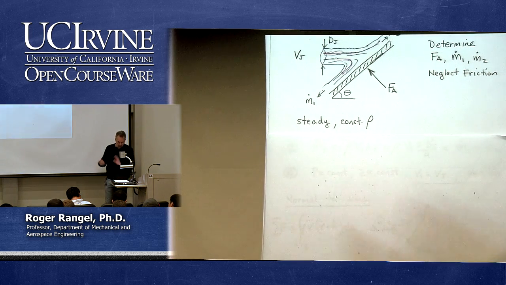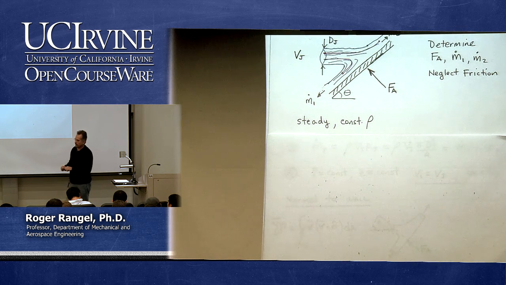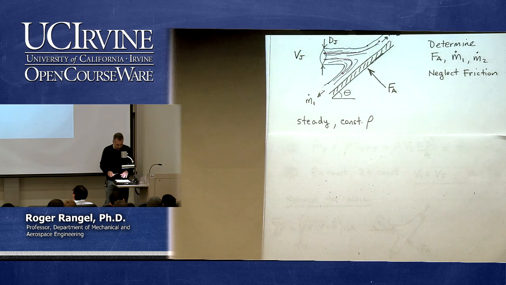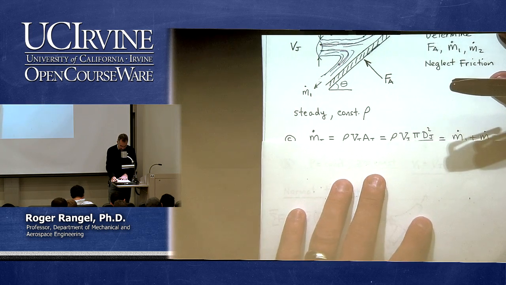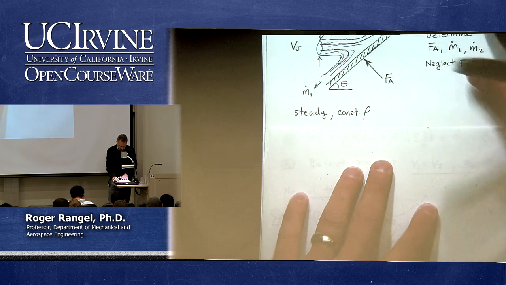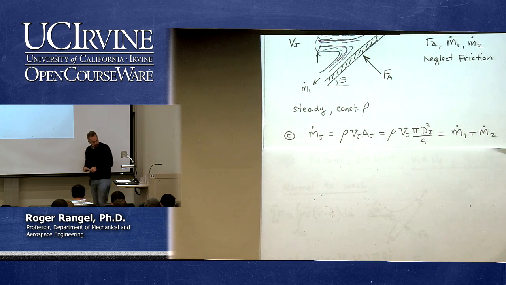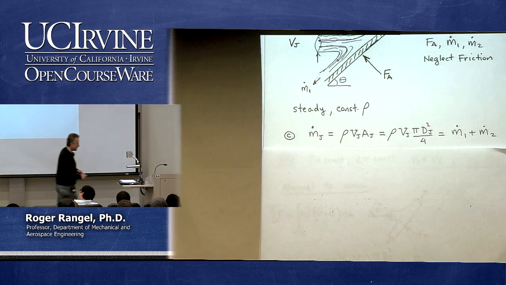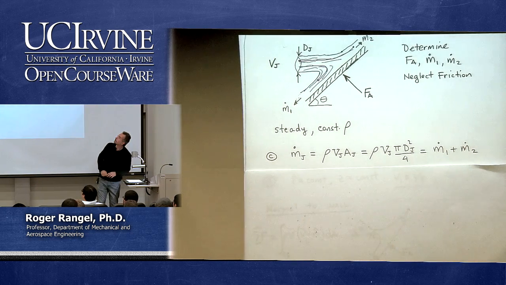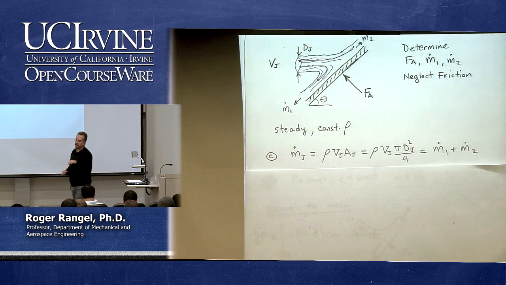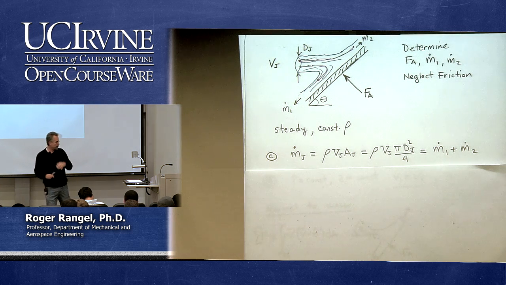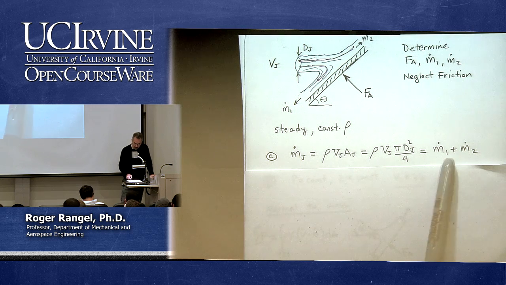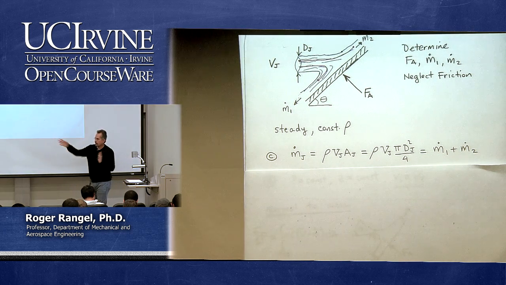All right. So we go through our assumptions. We say we're going to look at this as steady, so this is continuously hitting the wall, with constant density, so I can go ahead and write my equations. The easy one is continuity, conservation of mass, because I know that since the jet is splitting in two, whatever mass flow rate comes with the jet, which I call m dot j, has to be equal to the sum of the mass flow going in each direction.